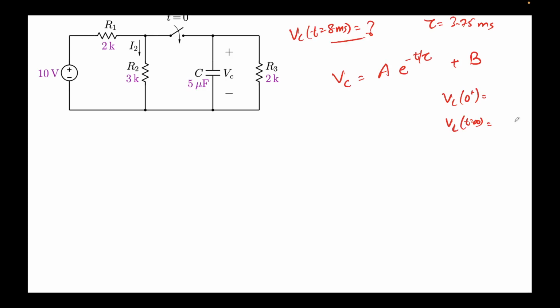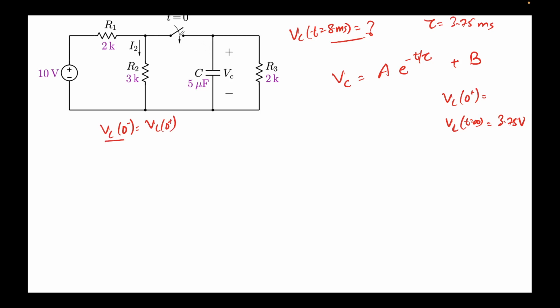Yeah, 3.75. Okay, so we know this. So we need to find Vc at 0 plus, right? And since the voltage across a capacitor cannot change abruptly, Vc at 0 minus will be the same as Vc at 0 plus, right? So we just need to find Vc at 0 minus. How do we do that?